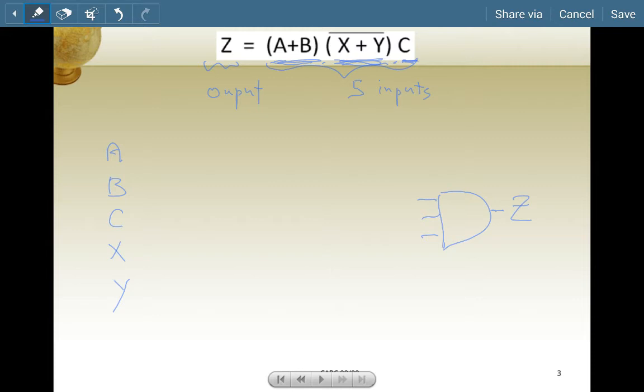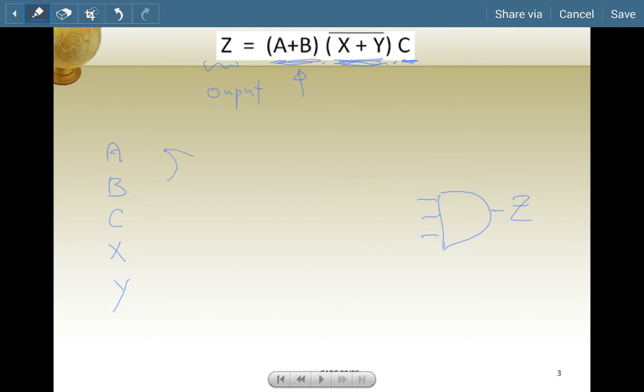Okay, so then let's work on the individual items. Let's clear up this thing first. Let's work on the first part, which is this. A plus B, I think that is a piece of cake, right? To draw a plus means you draw an OR gate.